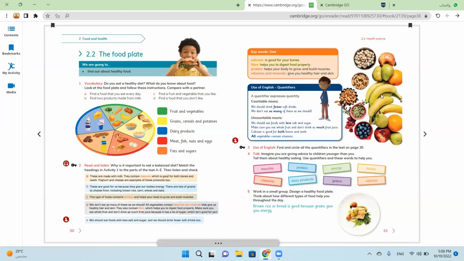Are bananas countable or uncountable? Let's try to use the quantifiers to decide if they are countable or uncountable. The quantifier we have here is fewer. We should drink fewer soft drinks. Can we apply it to bananas? We should eat fewer bananas.